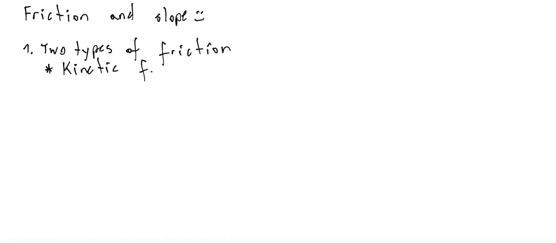Kinetic friction. Okay, what is kinetic friction? Kinetic friction occurs when two surfaces move one along another, but this motion is like a sliding. When one surface slides along another.